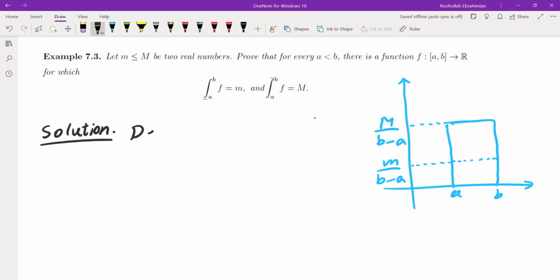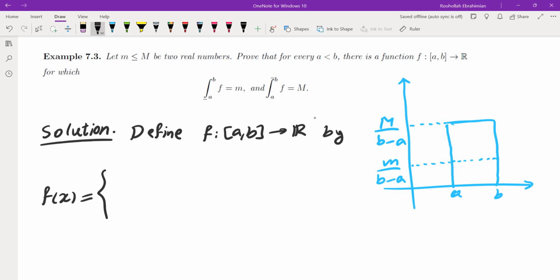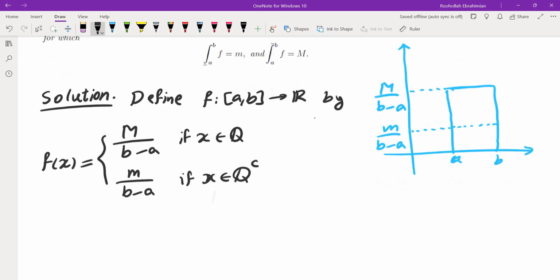So define, this would be something very similar to the Dirichlet function. Define f from [a,b] to R by f of x equal to capital M over b minus a if x is rational, and lowercase m over b minus a if x is irrational.